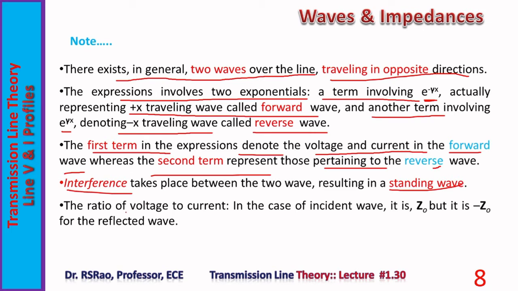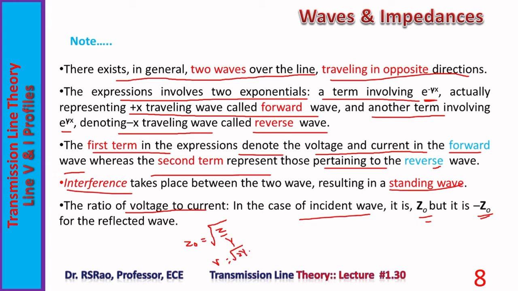The ratio of voltage to current is an important aspect one has to keep in mind. In case of the incident wave, it is Z0, the characteristic impedance of the line, but it is minus Z0 in case of the reflected wave. Before going further, just to remind you, Z0, the characteristic impedance, is square root of Z by Y, and the propagation constant, as already mentioned, is square root of zy.